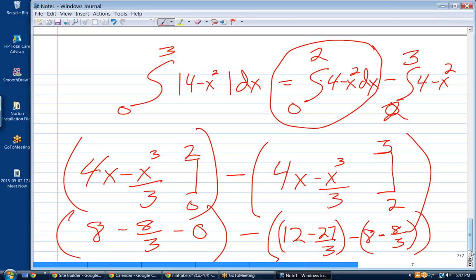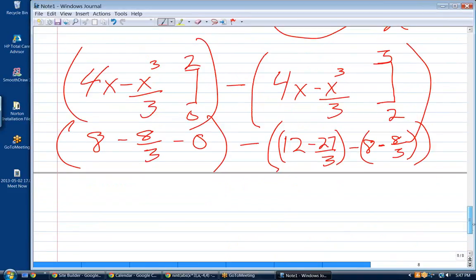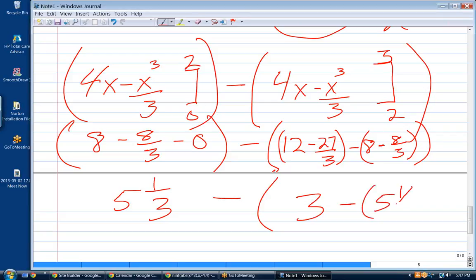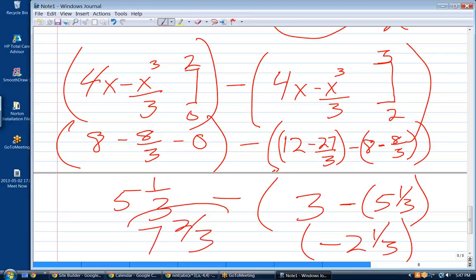Okay, so let's make sure the left part comes out to be 5 1/3. Minus, and then what do we have here? We have 12 minus 9, 3 minus 5 1/3, or minus 2 1/3. So we have 5 1/3 plus 2 1/3, 7 2/3 would be our answer.